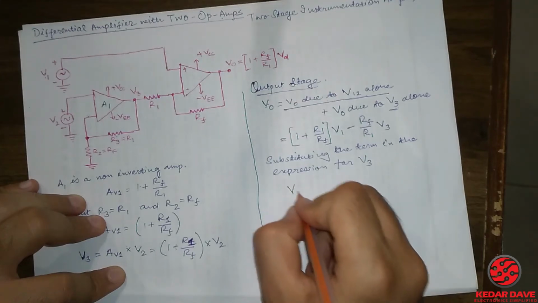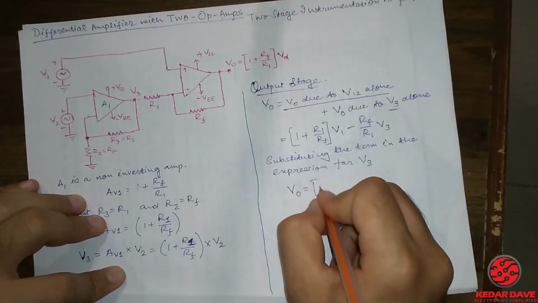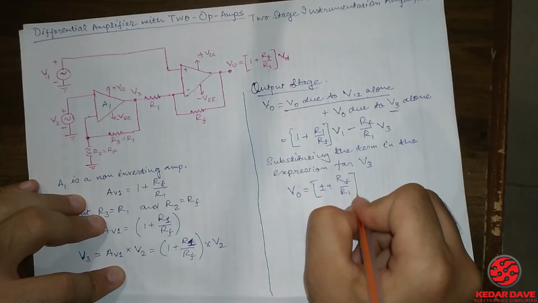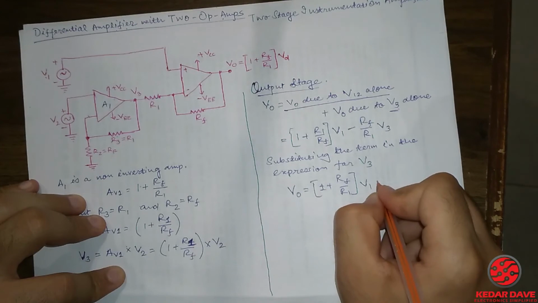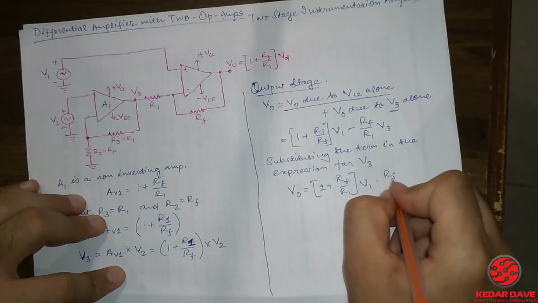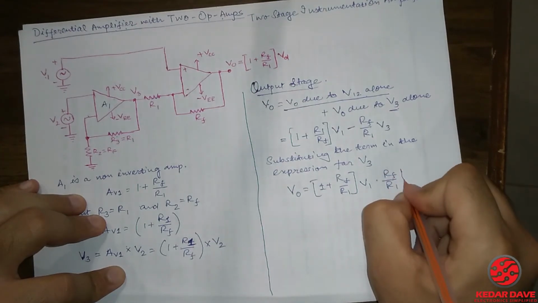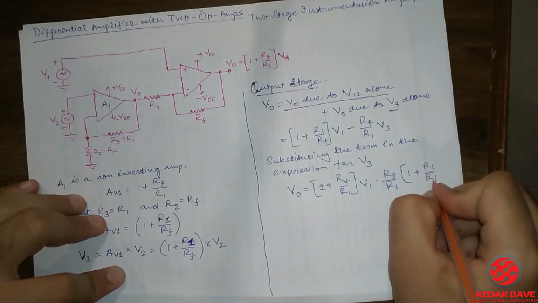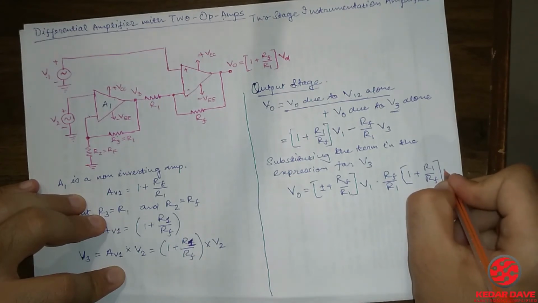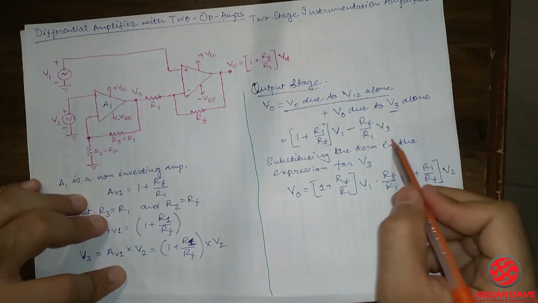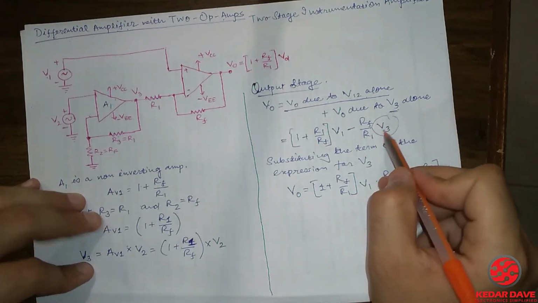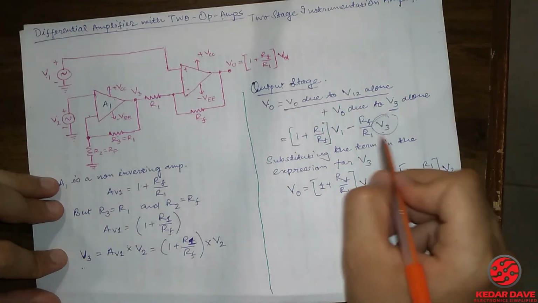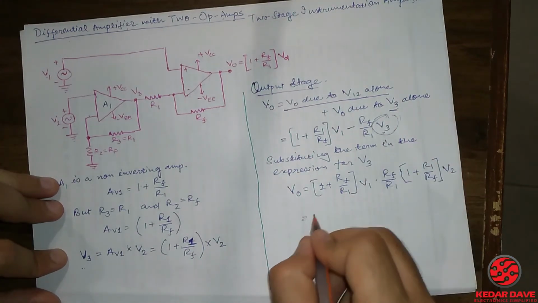Then we can write that VO is equal to 1 plus RF upon R1 multiplied by V1 minus RF upon R1 into 1 plus R1 by RF multiplied by V2. So what we have done is just put the equation that we got for V3 in the place of V3.